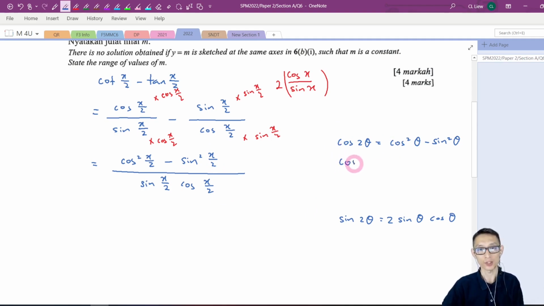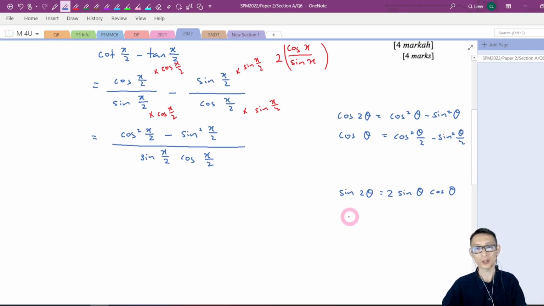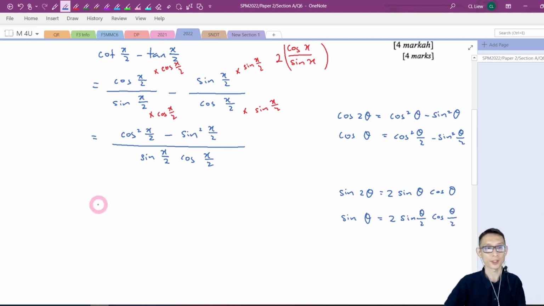It becomes cosine theta is equal to cosine square theta over 2 minus sine square theta over 2, right? So this one we can do the same thing. Sine theta is equal to 2 sine theta over 2 cosine theta over 2. Now, I'm going to change the theta, but here is x, so I'm going to write cosine x.